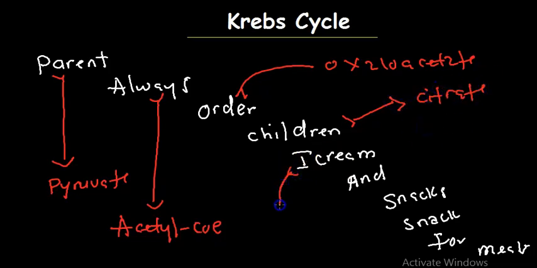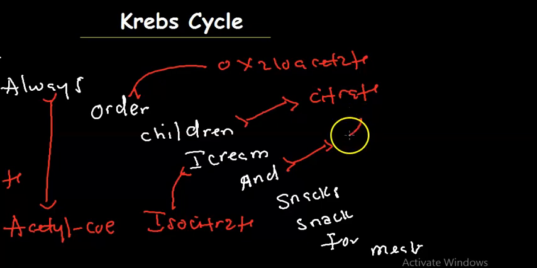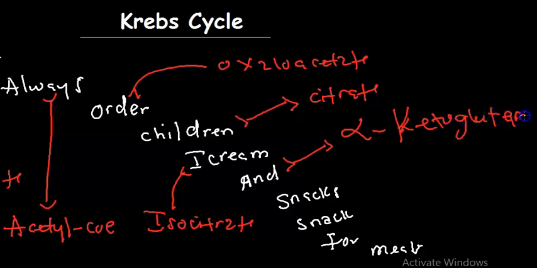Here we have another I, which is the isocitrate. And here we have our A, which is the alpha ketoglutarate.